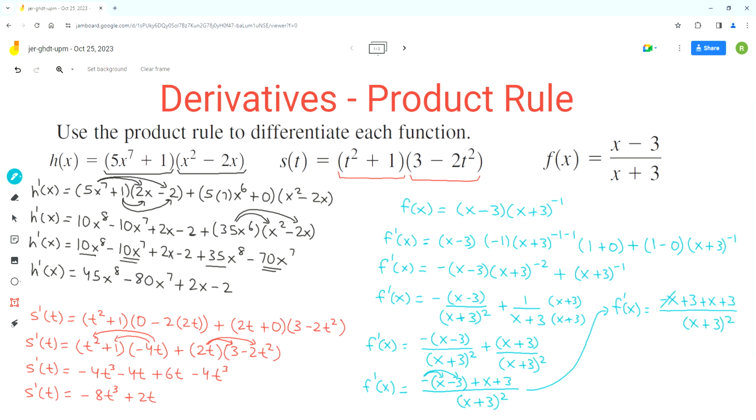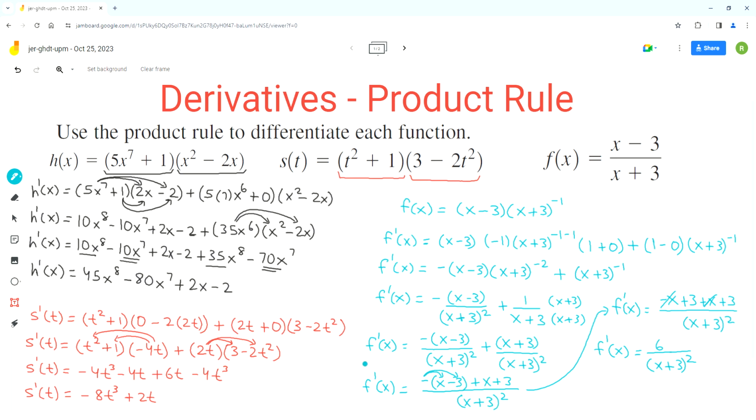So negative x and positive x cancel each other out. So we get f prime of x equals 6 over x plus 3 squared. So this should be the final answer for the derivative of the third function f at x.